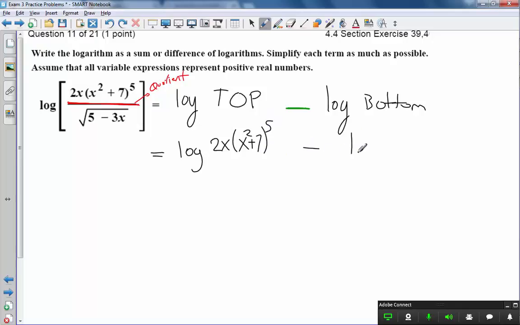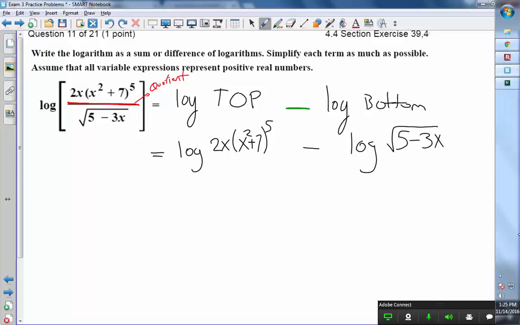What is bottom? Root 5 minus 3x. All right, what is next? I believe we can still chop this up into pieces, and this one into more pieces.